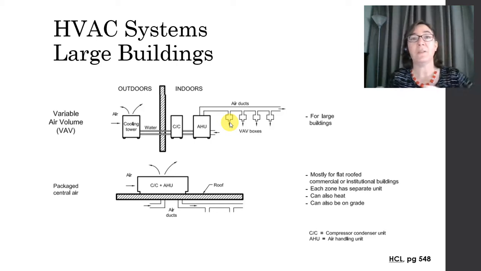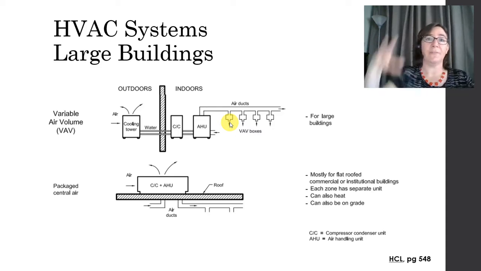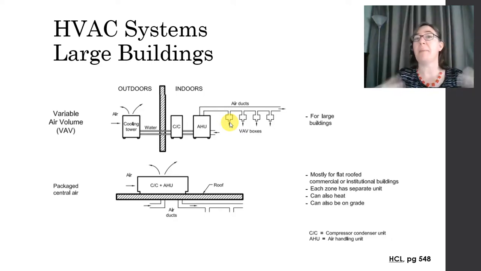Right? And this is very common and popular for some commercial and institutional buildings, specifically flat roofs, and you just place the package up there on the roof. Each zone of your building will have a separate package, all right? You can place them outside of the building on the ground also, but the roof is really common.